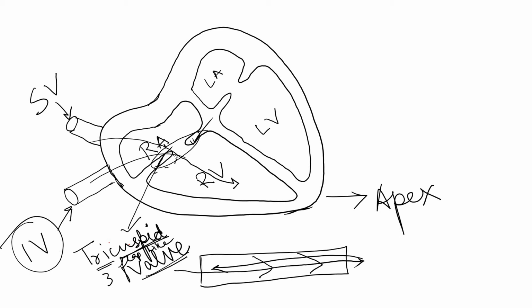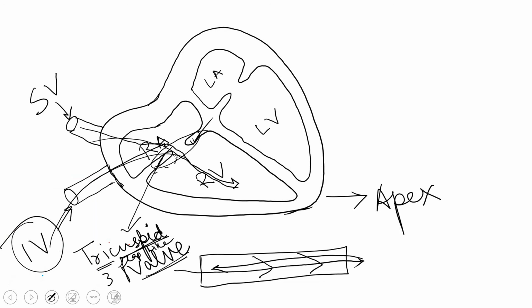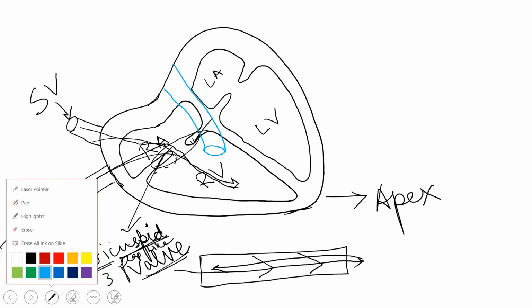These impure bloods enter the right auricle, pass via the tricuspid valve, and enter the right ventricle. Now for purification, this impure blood will go by the pulmonary artery.